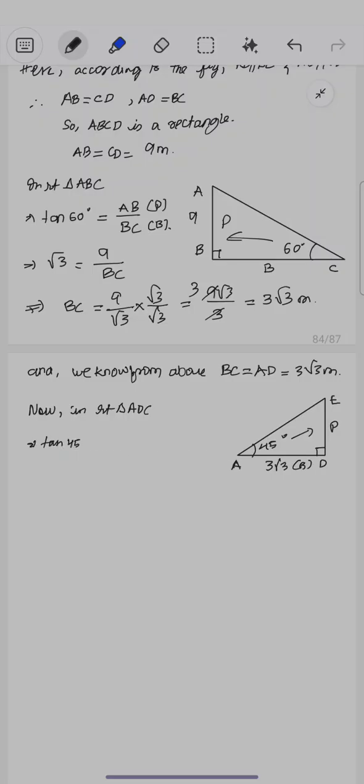Tan of 45 is what? Perpendicular by base. Perpendicular is DE and base is AD. Then the value of tan 45 is 1, so DE by AD is 1. So AD will be equal to DE.